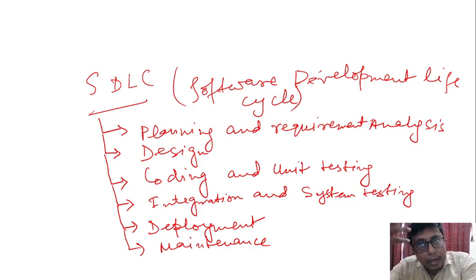And once you have planned these things, then you analyze what the requirements are for this plan. For example, if you want to develop a software using a certain platform, say Java, and you see that your development team has no team member who is an expert in Java, in that case it may be required to hire certain experts in Java.